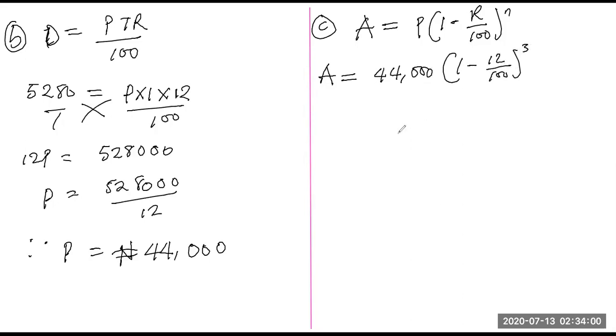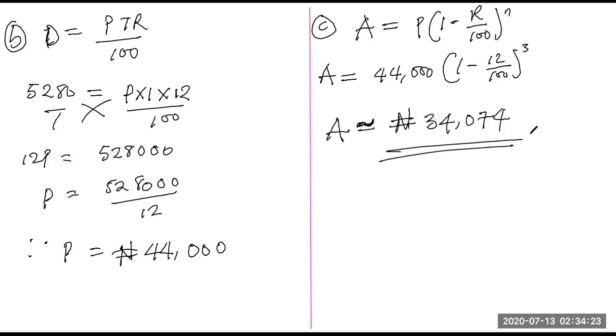This is where we use N equals 3. When we simplify, we have our amount at the end of the third year to be approximately 34,074 naira. So that is the approximate amount to the nearest naira after 3 years.